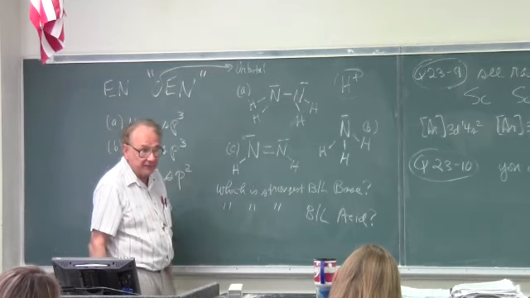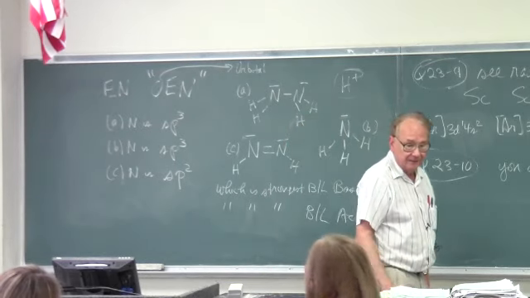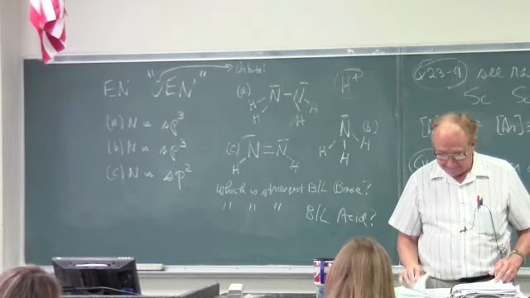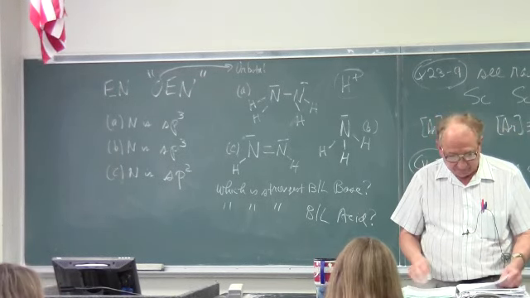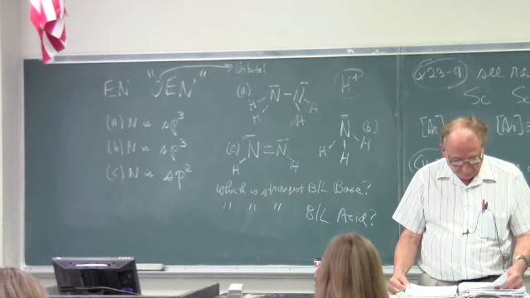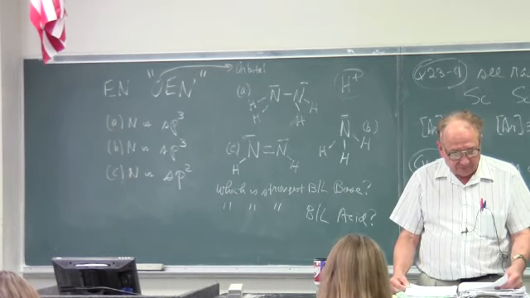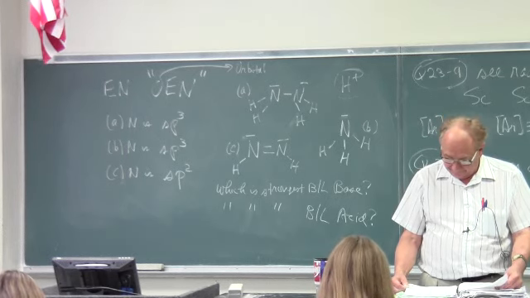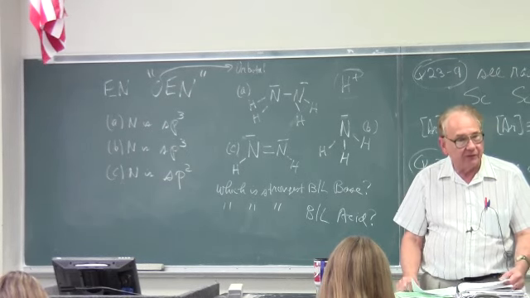You remember how to get hybridization when you have a Lewis picture before you? Look at the notes. Page 2320. Summary of rules for drawing Lewis structures. Page 2321. 2322.